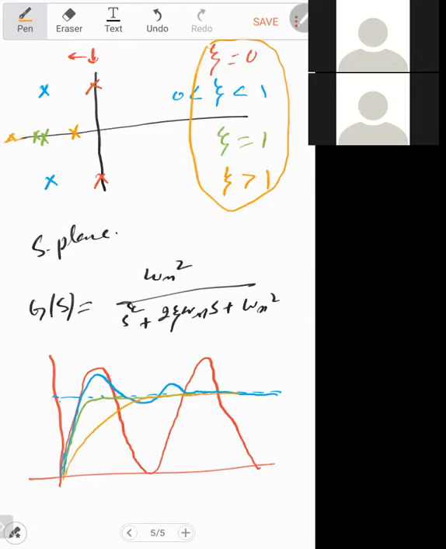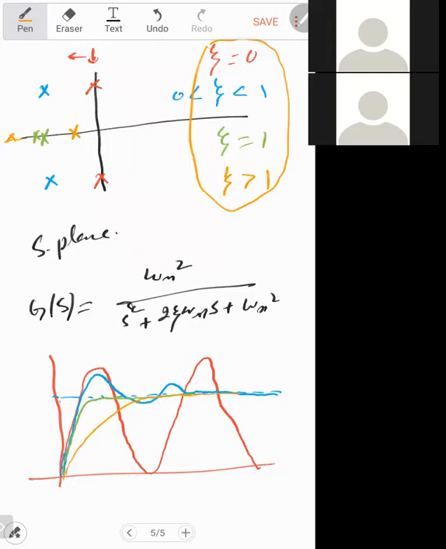So we will discuss this kind of system, but remember that for the system stability, the pole should be in the left hand side. As long as the poles remain in the left hand side, the system remains stable.